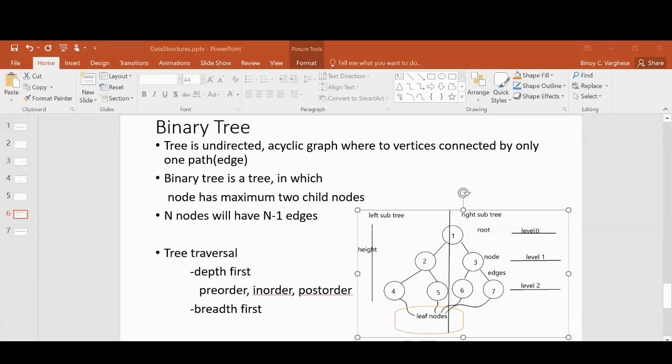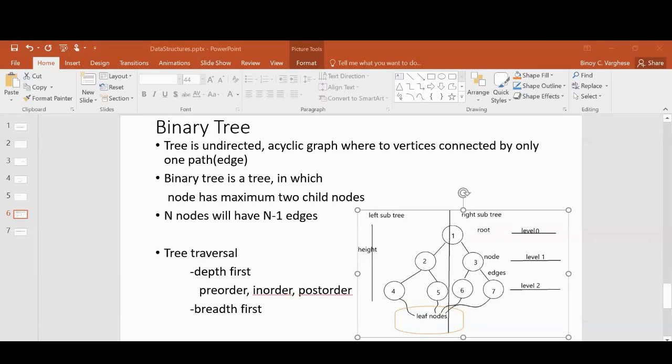Okay, then we also need to be familiar with tree traversal. Broadly, we can divide tree traversal into two: depth first and breadth first. Depth first is again further divided into three: pre-order, in-order, and post-order.